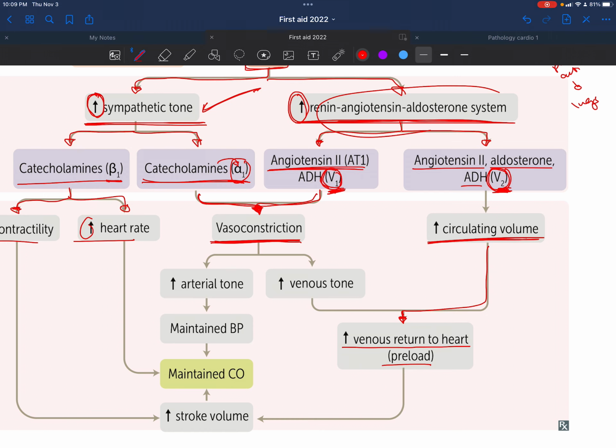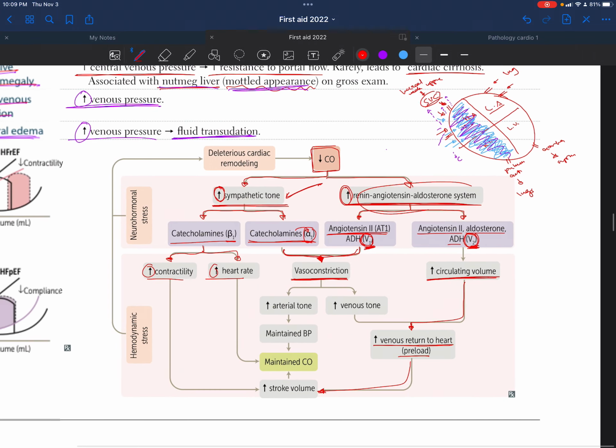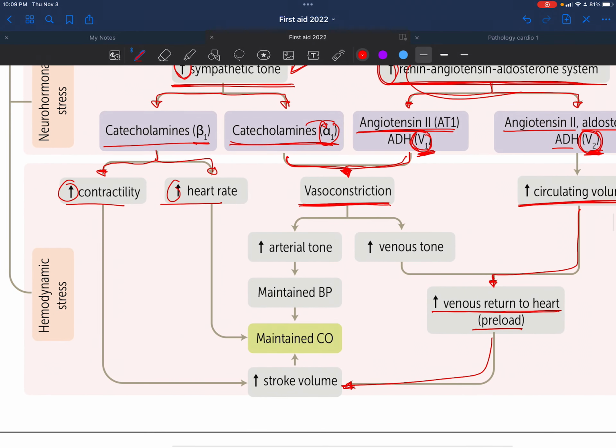That means a lot of blood is going back to the heart as a preload, and that of course will increase the stroke volume, because the heart has more blood coming back to it, so it has more blood to pump out. Okay, so I guess basically this is it.